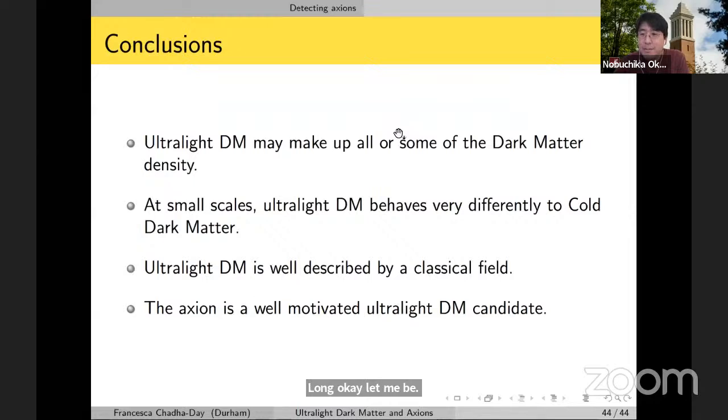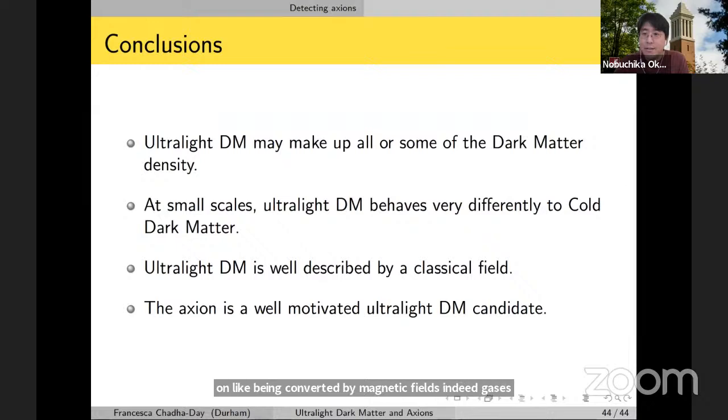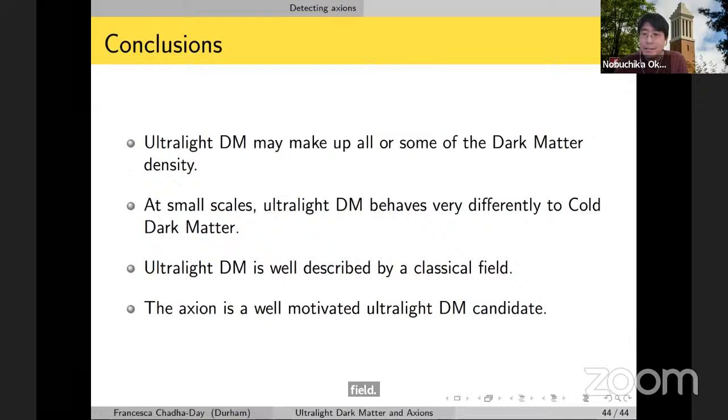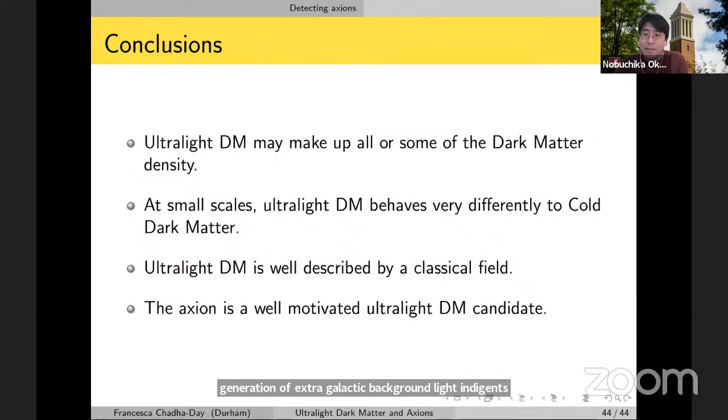Wouldn't the converse be true with extragalactic background light being converted by magnetic fields in these gases and galaxies into axions, and then these axions converting back to light in Earth's magnetic field, and therefore resulting in a significant decrease in attenuation of extragalactic background light in regions where there is a perceived higher dark matter density, as measured from the Lyman alpha forest data? Question.